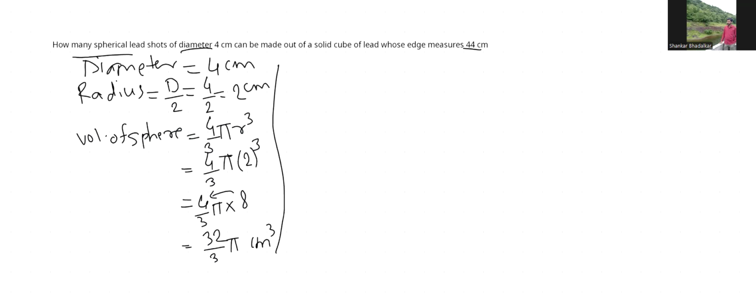Now after that we can go to find the number of spheres. Number of spheres is equal to volume of cube divided by volume of one sphere.